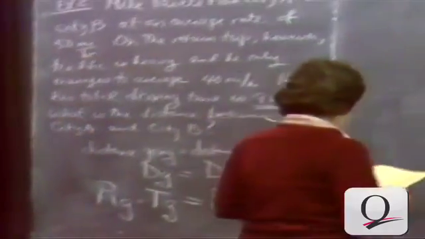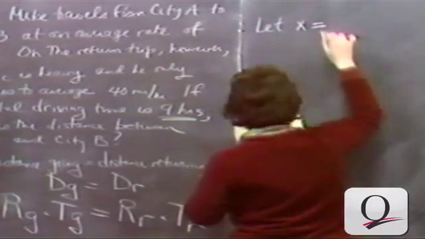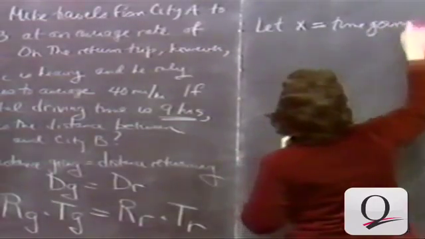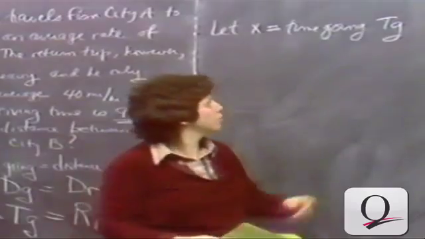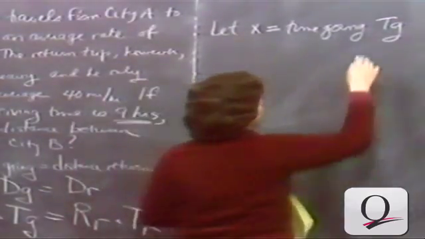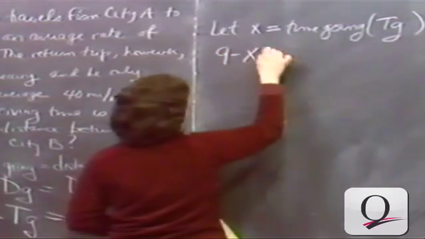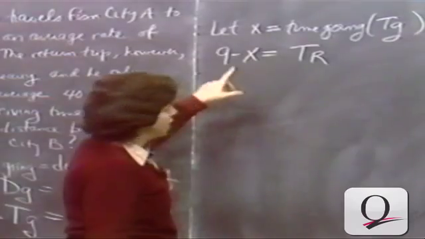So we can start by saying let x equal the time going, the number of hours it takes to travel from A to B. And then 9 minus x would be equal to the time returning. You could have set it up the other way.